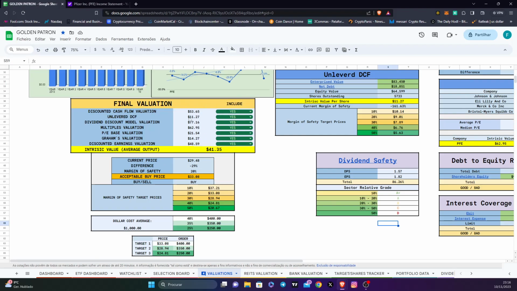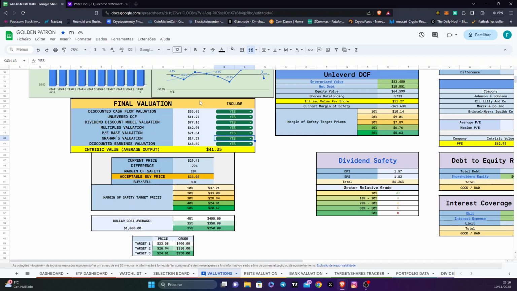Well, we don't have to, it automatically fills in. But what I was trying to say is, let's say you don't have this one on. If you don't have the discounted earnings, just fill them in. The one I usually take out is Graham's valuation. I just have it there, but I don't typically use it. And I'm just going to use it for the sake of the video. As you can see, it just comes out.